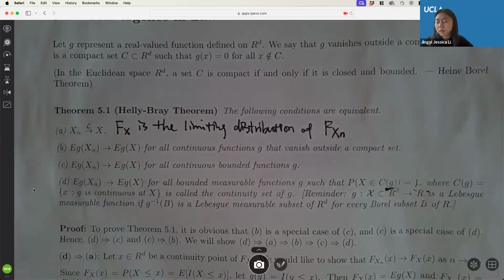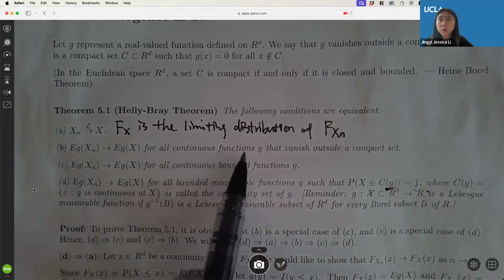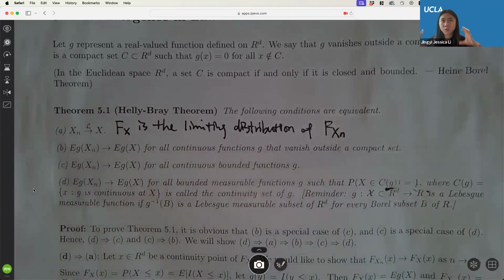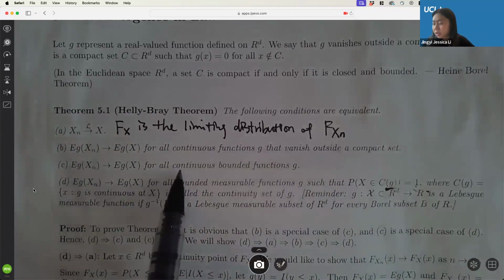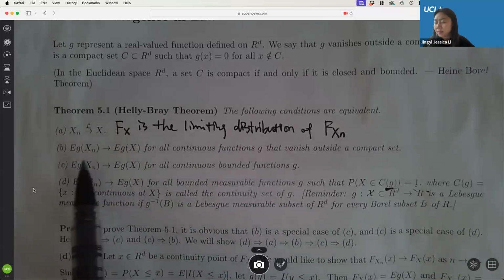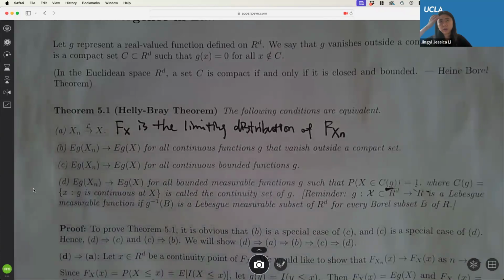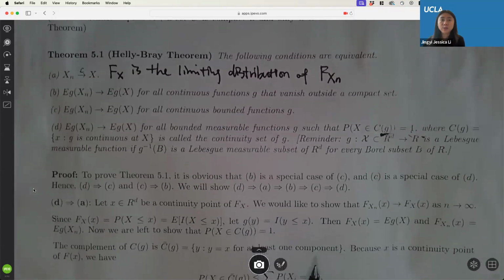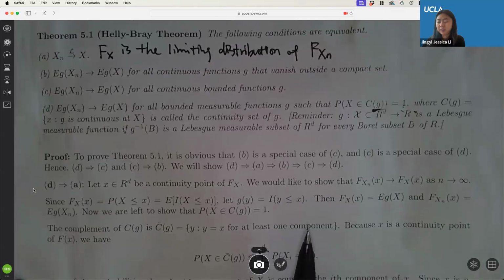But to prove this, essentially B and C, the two statements, are introduced in the middle. They are just smaller function classes for G. For B, you consider all continuous functions that vanish outside a compact set, so they have compact domains. For C, you consider all continuous bounded functions G. So B is a special case of C, and C is a special case of D. Finally, you want to establish equivalence between A and D. The proof idea is circular.